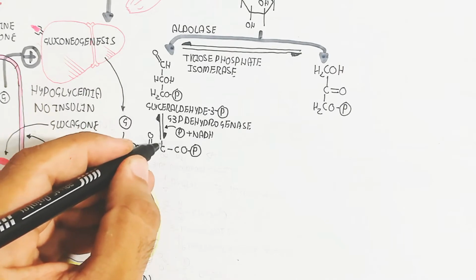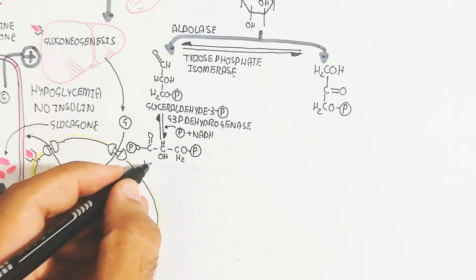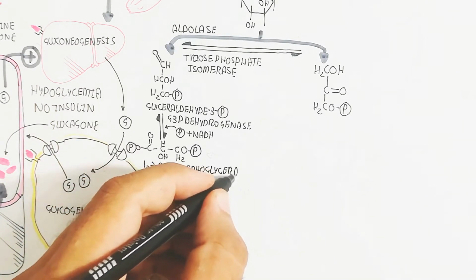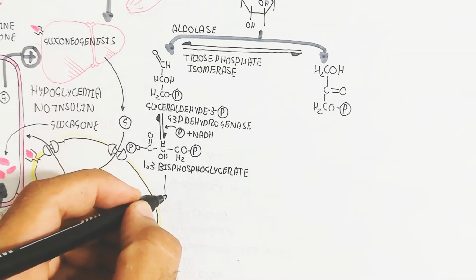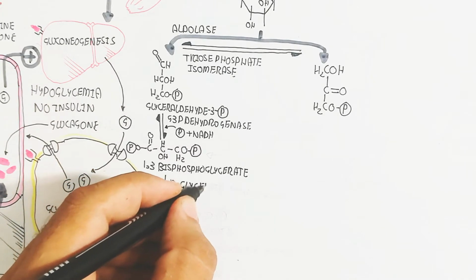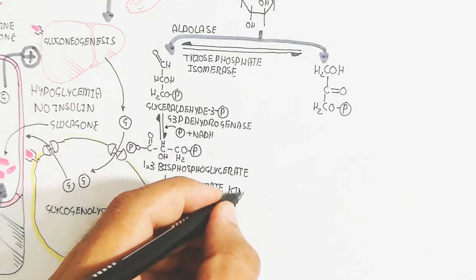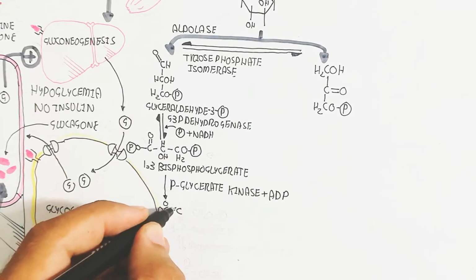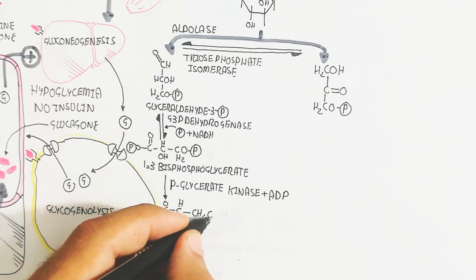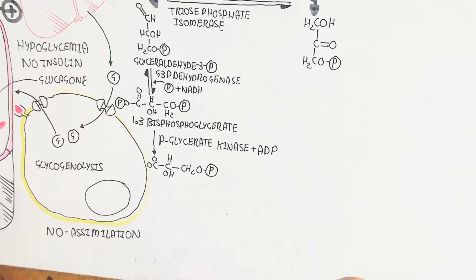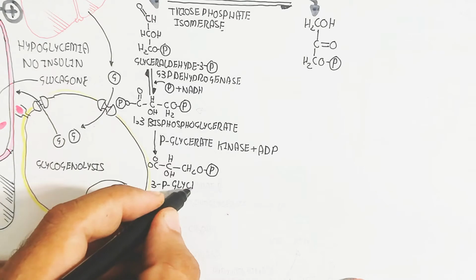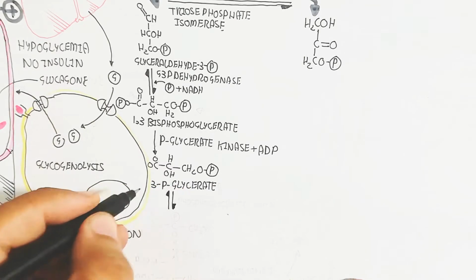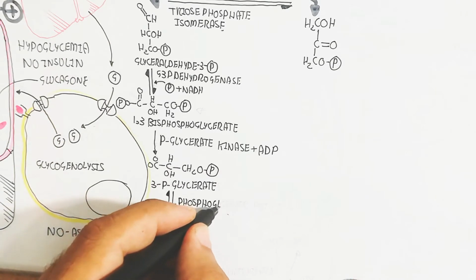This 1,3-bisphosphoglycerate has carbon numbers 1 and 3 containing phosphate groups. That is why it is known as 1,3-bisphosphoglycerate. After this, 1,3-bisphosphoglycerate, under the action of the phosphoglycerate kinase enzyme with ADP, produces ATP, and in this reaction 3-phosphoglycerate is produced because carbon number 3 contains the phosphate group.